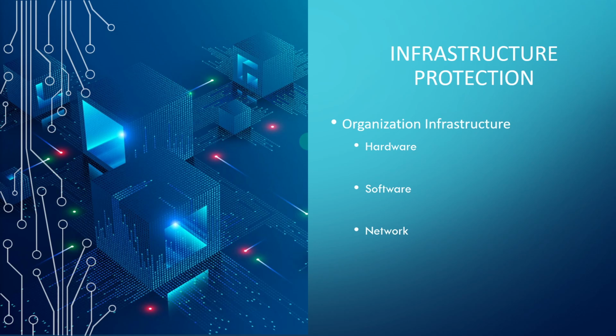And the final infrastructure protection option that I see here is the network. And your network is very important to secure. Again, this is going to be internet connectivity, any VPNs that you have, firewalls, and routers. Your on-prem option, again, is mainly going to be maintained by you and your security team or your IT team.